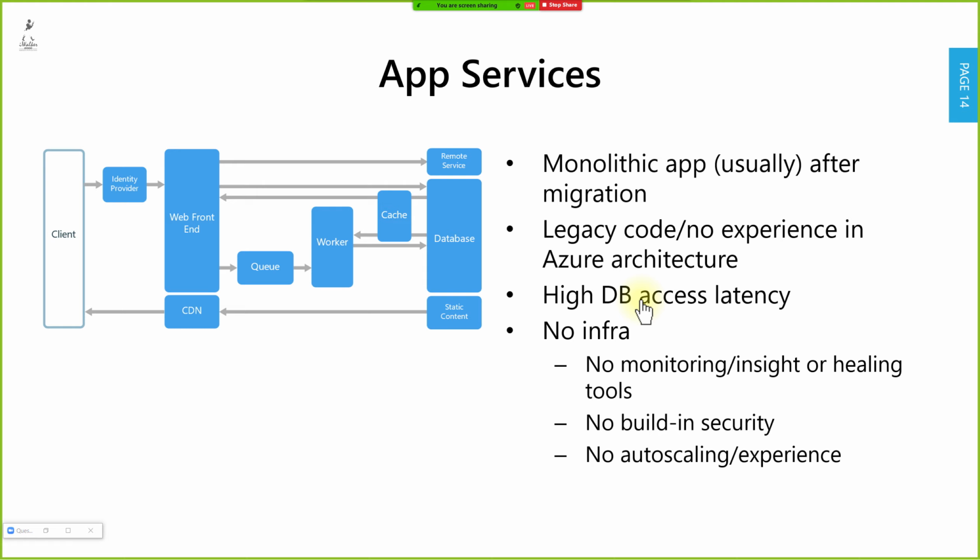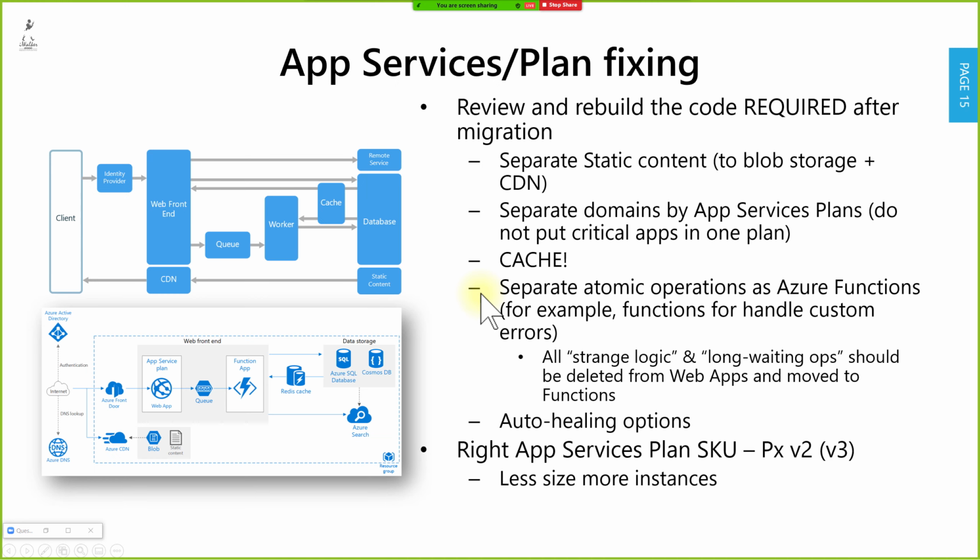Do you remember the stage 2? For the rebuilding, it's okay. So you need to rebuild the code, to use the front end, to use the queue, to use the workers for function, etc., to use the cache database, etc. So all of this stuff is really required, and you have to follow the Microsoft recommendations about the architecture, about separating static content.